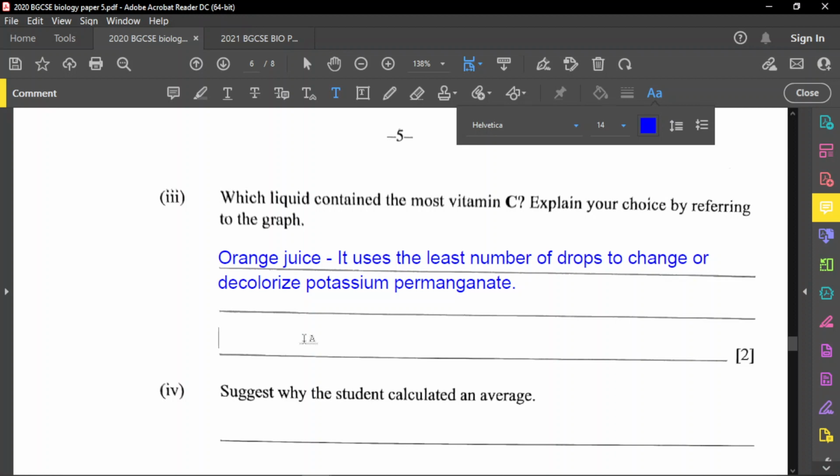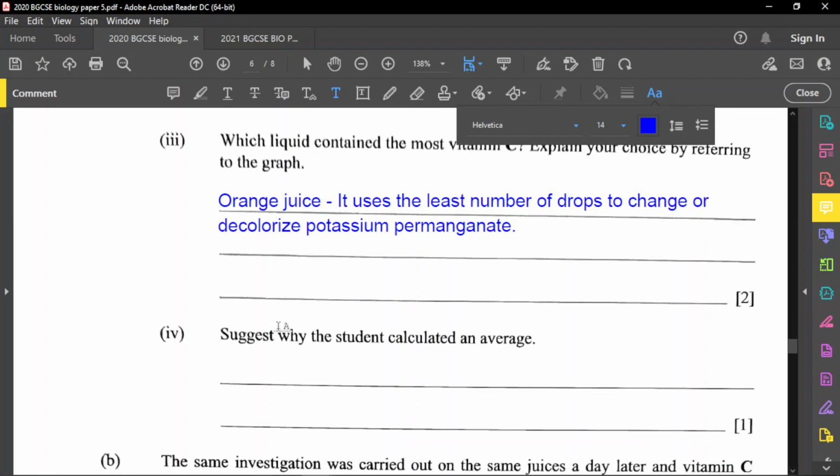Now let's go to the next part, which is part 4. It says suggest why the students calculated the average. Why do you calculate an average? It is to increase accuracy. That's simply it. To increase accuracy, or to obtain a more accurate result. So let's say for more accuracy, or for a more accurate estimate, because it's your estimation, right?